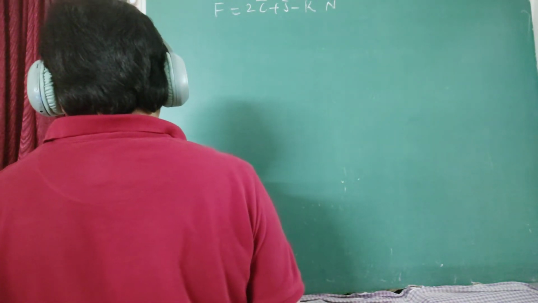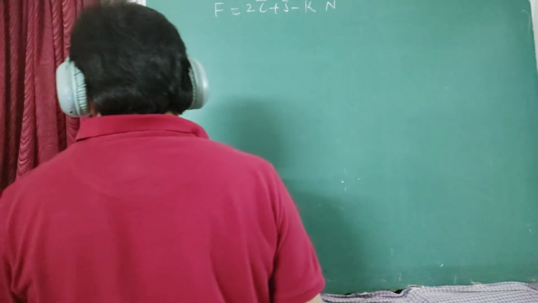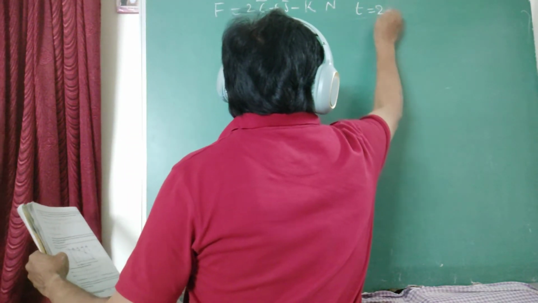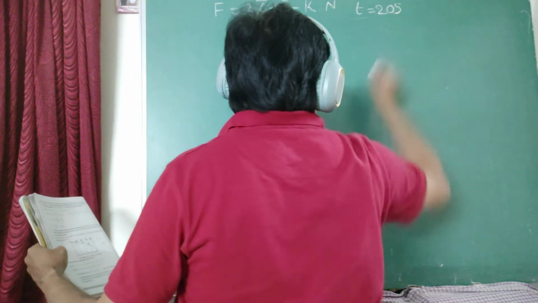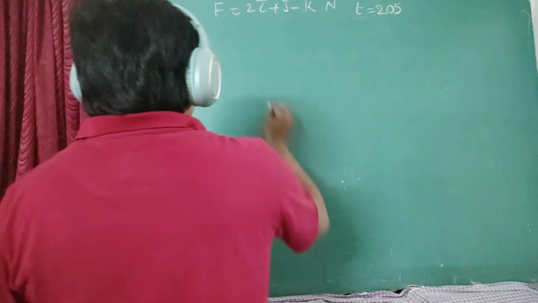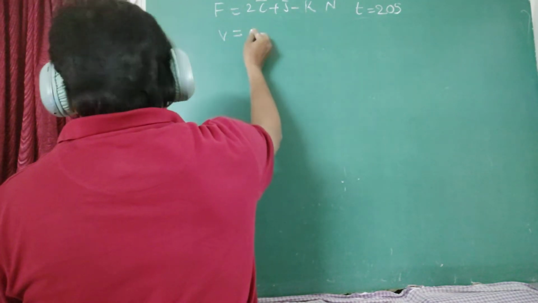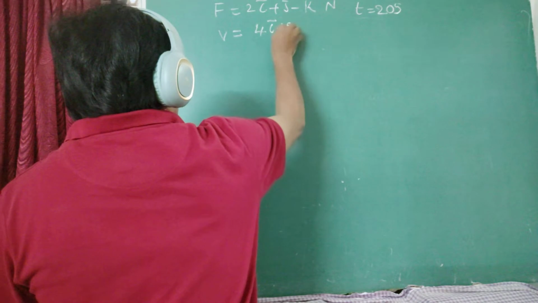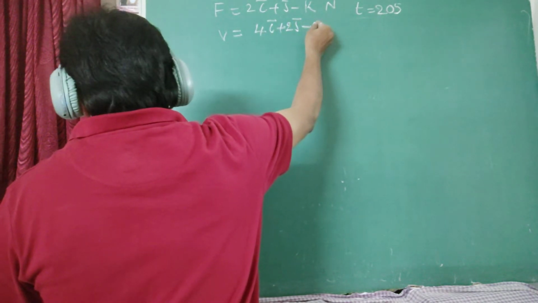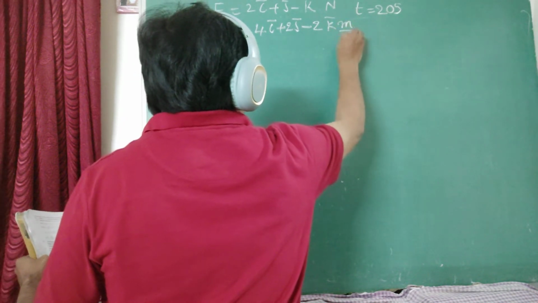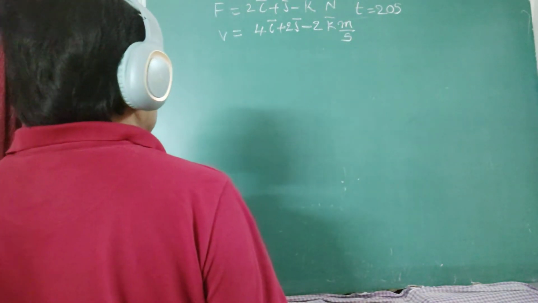Okay. At the end of 20 seconds, the body is at rest. T equals 20 seconds, because everyone has this question, that is the reason I will go to the step directly. T equals 20 seconds and the velocity of the body is also given, that is 4 I bar plus 2 J bar minus 2 K bar meters per second.